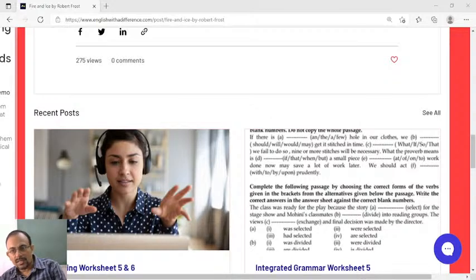Don't leave out the sentence, otherwise half marks will be deducted. Suppose in the second question, B, the third is the answer. So you write question number 2, B, third, and then you write the option text of the third answer also, right?